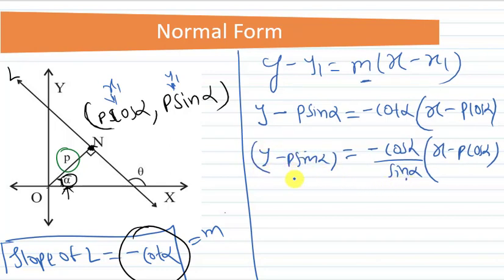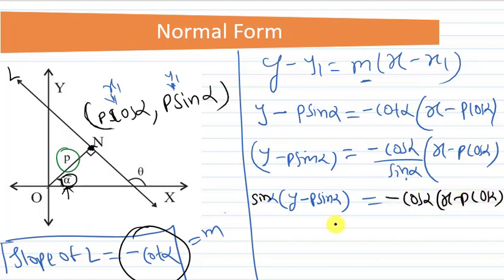Just multiply this sin alpha to the left hand side. What I will get? Cos alpha into y minus p sin alpha into y minus p sin alpha equals to, sorry, this is sin. This is sin alpha minus cos alpha in bracket x minus p cos alpha.